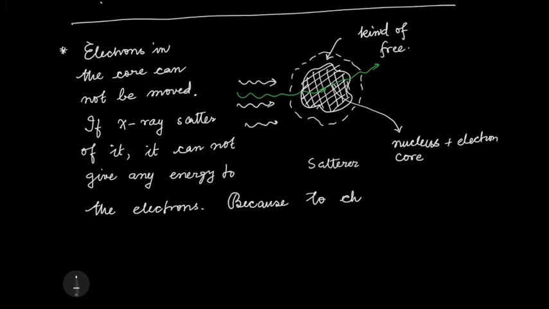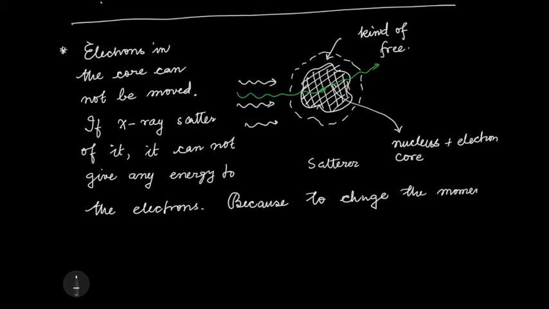to change the momentum of this electron, see, if I want to give some energy, we know, at least classical physics tells me that energy is equal to p square by 2m. So if I want to give it some kinetic energy, I will also give some momentum, because I have to change the momentum of the electron.